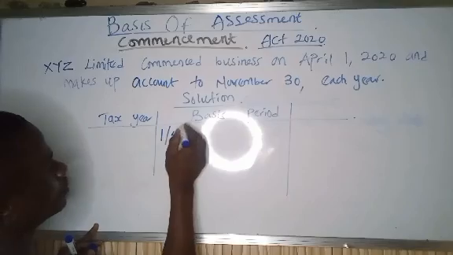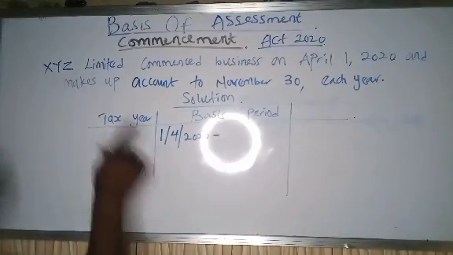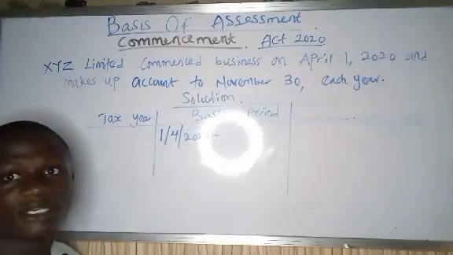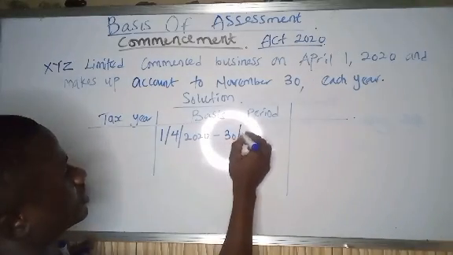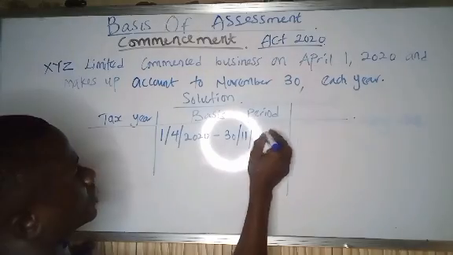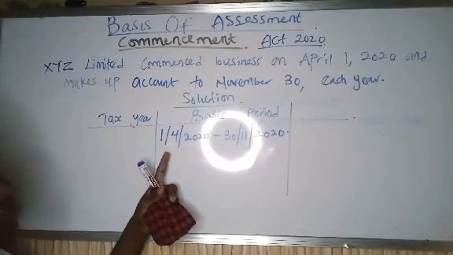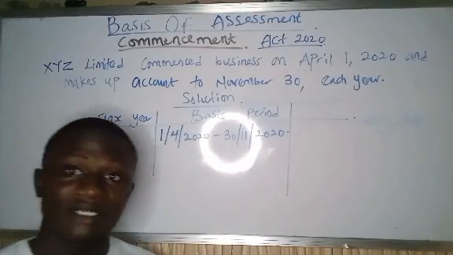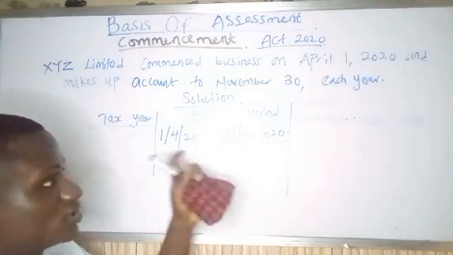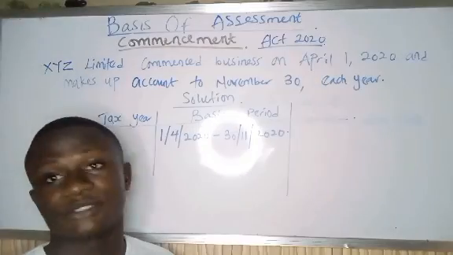So April 1st, 2020 makes up its account to November 30th, that will be 30th 11 2020. So from the first day the business started till the end, that's the rule of commencement according to Finance Act 2020.